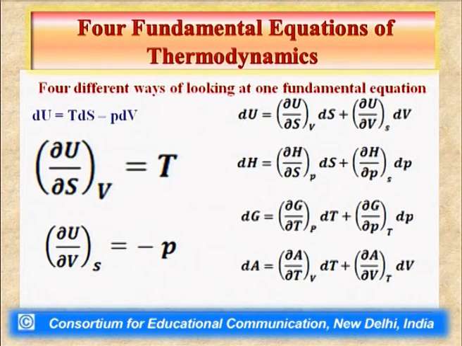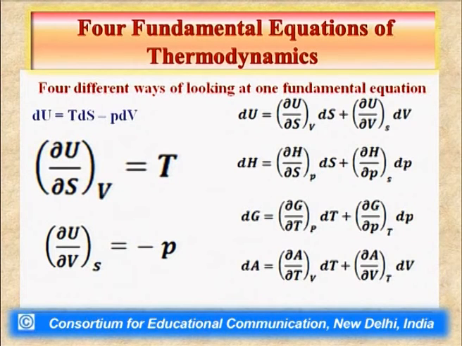So, it means both the internal energy and entropy vary linearly. As entropy increases, internal energy also increases simultaneously if the volume is kept constant, and the greater the temperature of the system, the greater the increase observed. That is the meaning. So, it means that if you increase entropy at a particular temperature, at a higher temperature, the increase in internal energy will be greater.